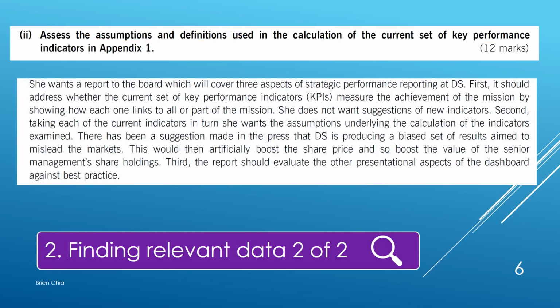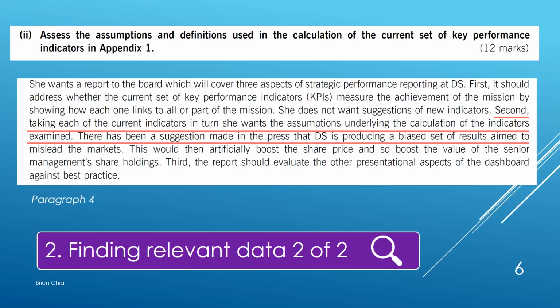There is also some additional guidance which is provided to you in paragraph 4 of the question. I want you to bring your attention to the second thing that your question prompt is talking about. So we're going to start here. Second, taking each of the current indicators in turn, she wants the assumptions underlying the calculation of the indicators examined.